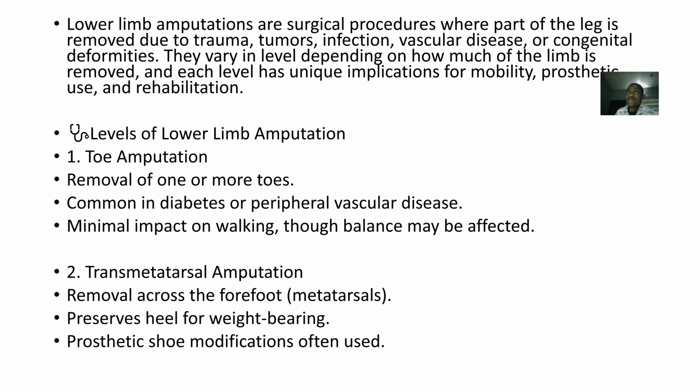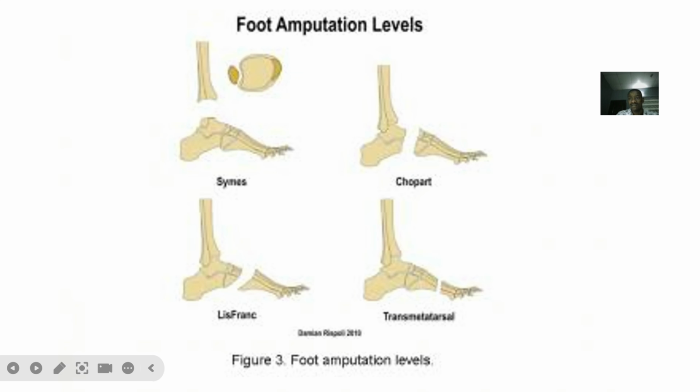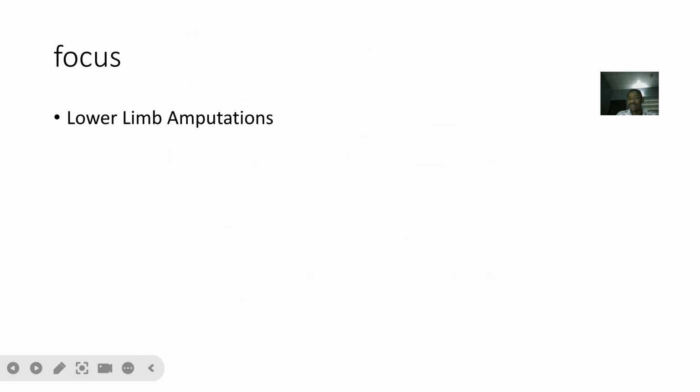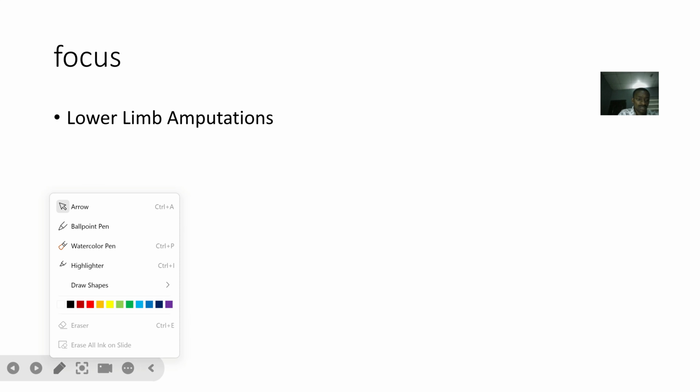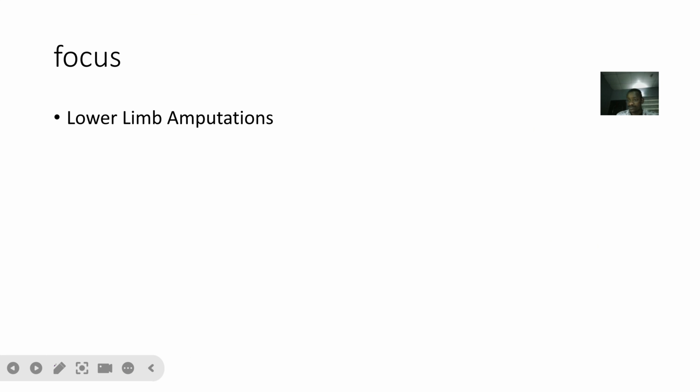Cutting. So we'll try to define it. We'll try to list the different types and give little notes about them. Now, each one of them is supposed to form a different lecture later on. So when you say lower limb amputation, you should know that it's any surgical procedure where any part of the leg, any part of the leg, is removed.